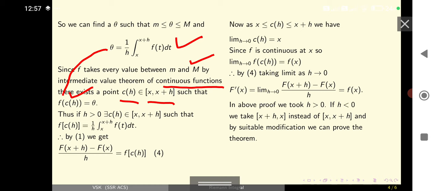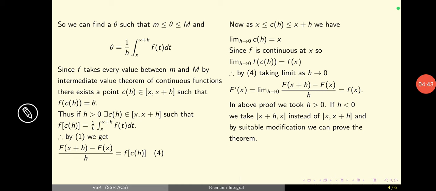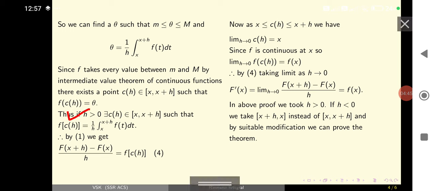Thus, if h is greater than 0, there exists a c_h depending on h, which lies in [x, x+h], such that the value of f at c is equal to 1 upon h times the integral from x to x+h of f(t) dt.